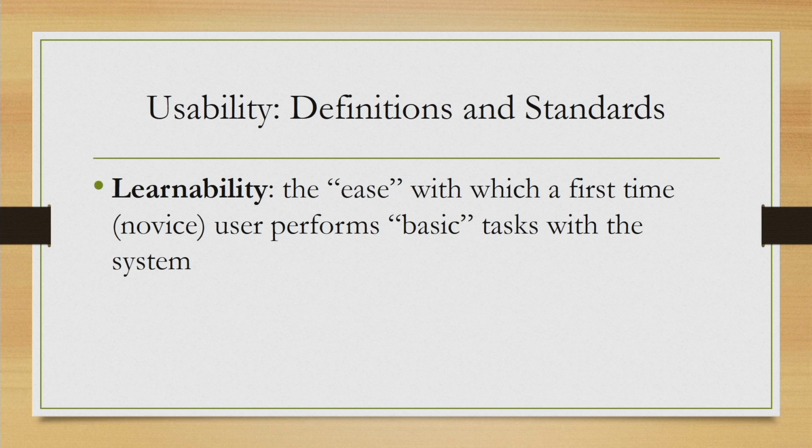Recollect from our discussion in earlier lectures that we can divide users into three groups: novice, intermediate and expert. So, here learnability is a measure of the ease with which a first time or novice user can perform basic tasks.